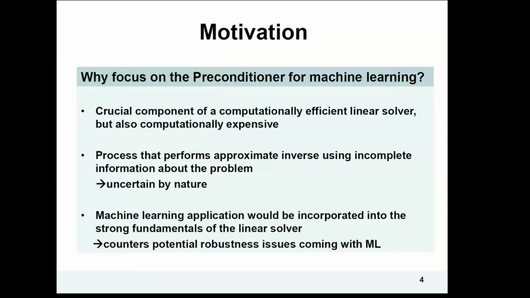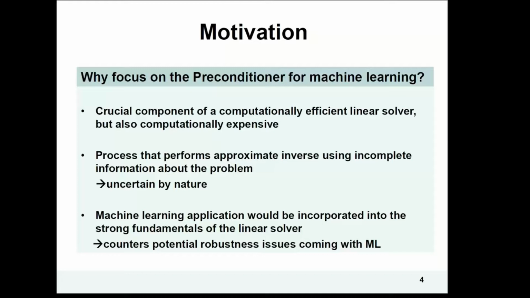So you have this whole idea of uncertainty already ingrained into the basic problem. And one of the advantages, if this actually worked, would be that the machine learning application is actually part of the whole linear solver, which in itself has quite strong fundamentals and could counter potential robustness issues that you sometimes have with machine learning.